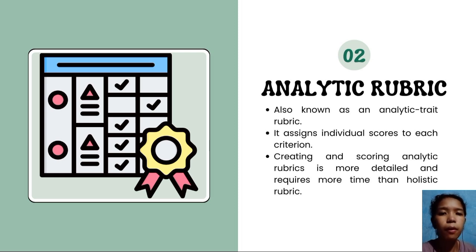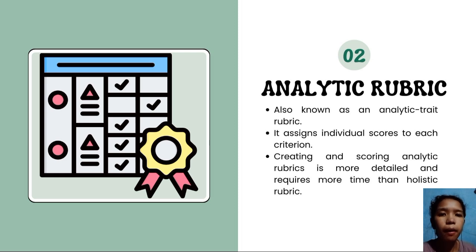Unlike a single overall score, this type of rubric gives detailed feedback on specific areas. For example, if a student writes an essay, an analytic rubric does not just say good job, great, failed, or needs improvement. Instead, it tells the student which part is strong, like ideas or content, and which part needs more improvement, like organization or clarity.